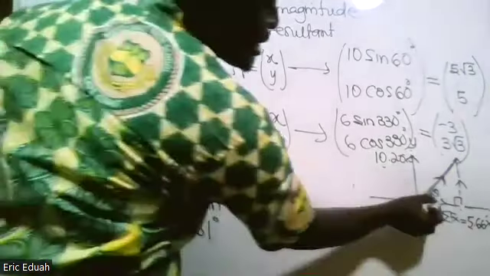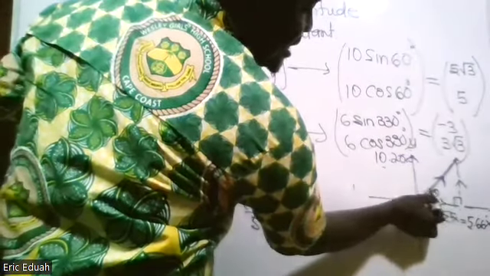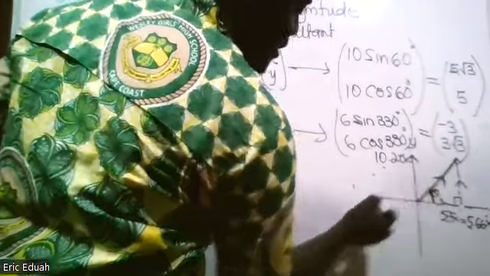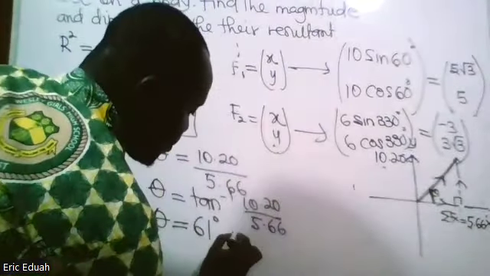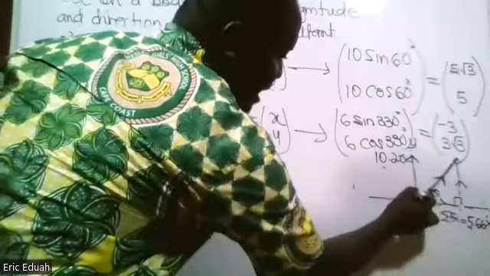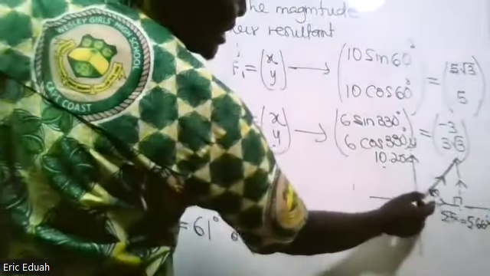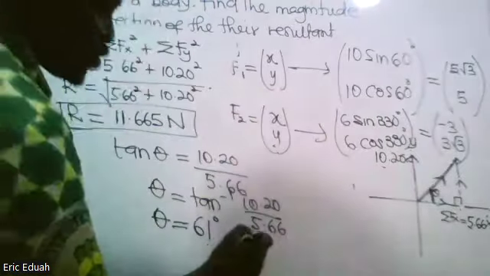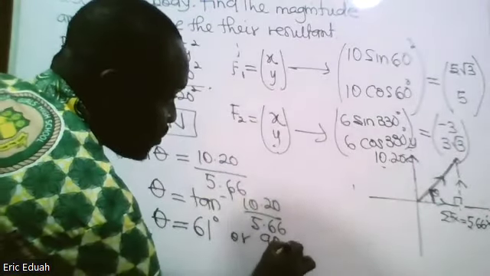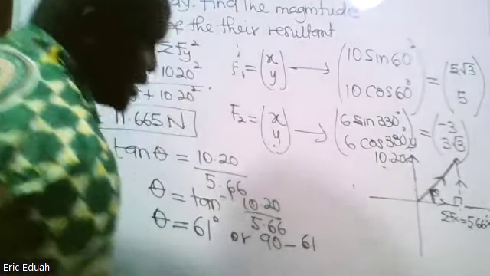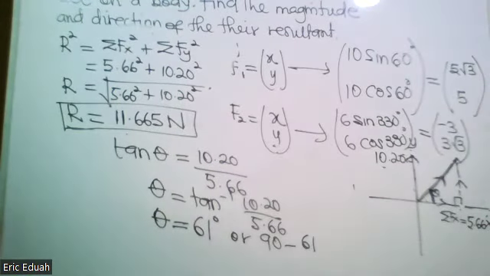Look at it. 61 degrees from the east is the direction of the resultant, or this whole angle is 90. So if I'm measuring it from the north, I must subtract 61 from 90, or 90 minus 61.